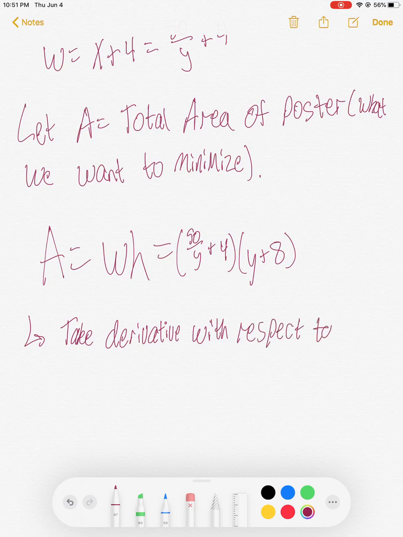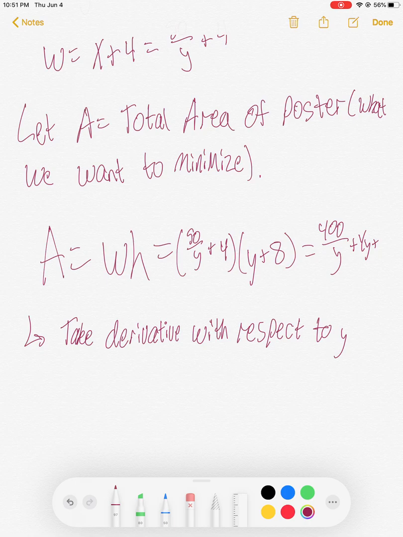And now we're going to go ahead and take the derivative with respect to y. Well, actually, let me go ahead and multiply this out first. So 50 over y times y, the y's will cancel, and that'll just be 50.